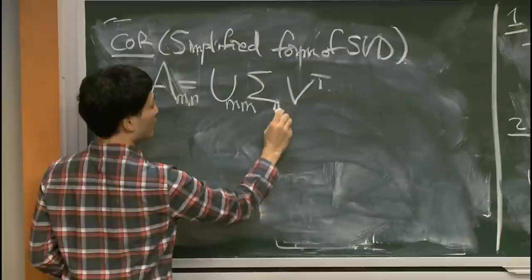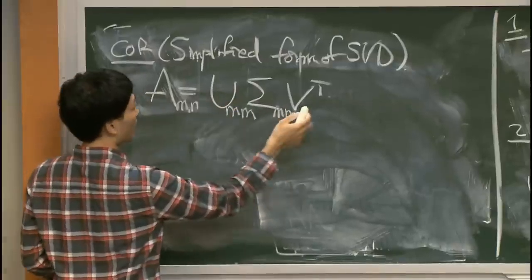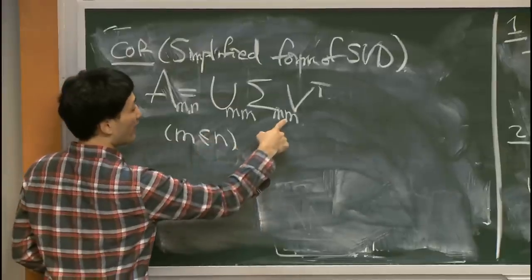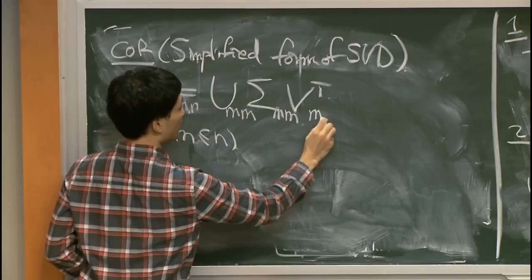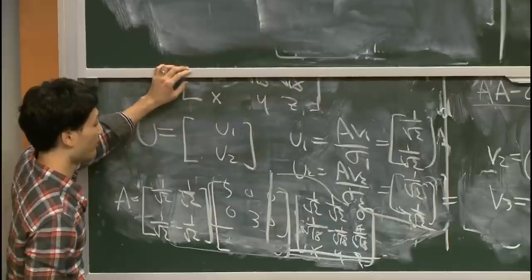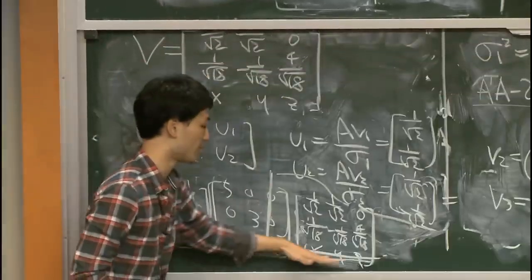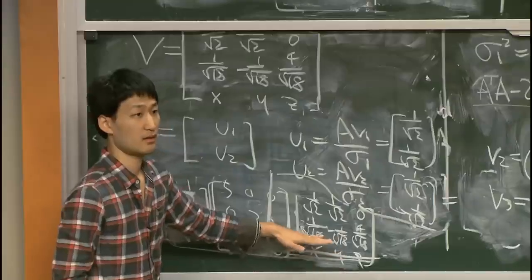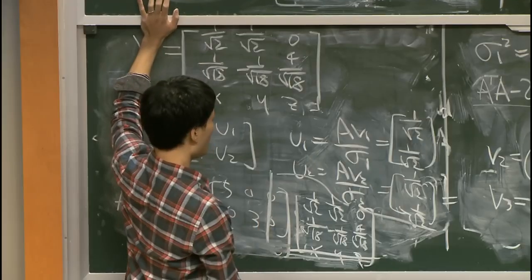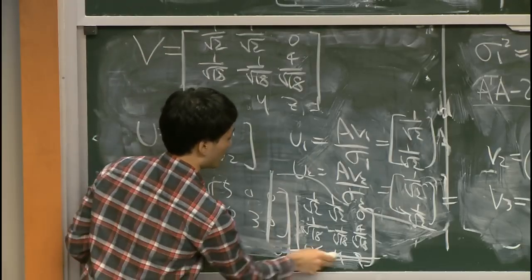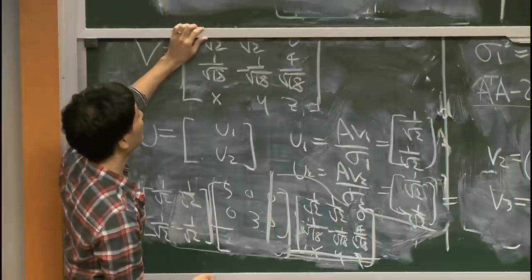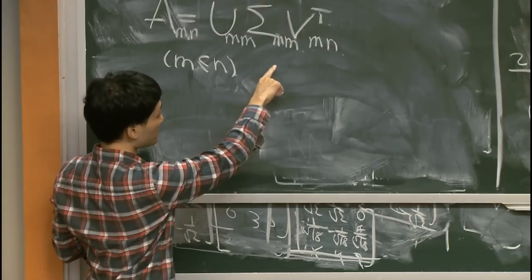But now sigma is also an m by m matrix. This only works when m is less than or equal to n. And V is an m by n matrix. Okay. So the proof is exactly the same. And the last step is just to drop the irrelevant information. Okay. So I will not write down why it works, but if you go through it, you'll see that dropping this part corresponds to exactly that information. So that's a reduced form.